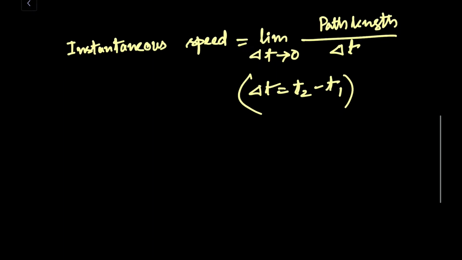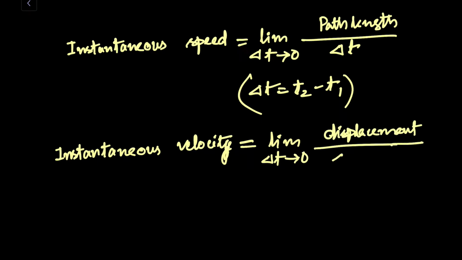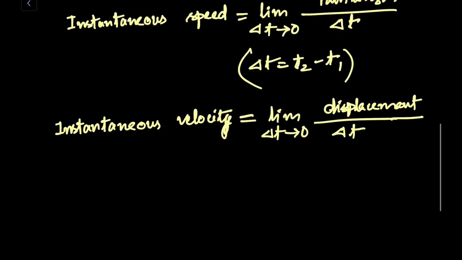Similarly, for instantaneous velocity also, we can write a similar definition. In the case of instantaneous velocity, limit delta t tends to 0, and here we'll have the displacement. Suppose the time interval is delta t. Here also, when this delta t tends to 0, the displacement also will be very small. So in this case the path length and the displacement will be equal.